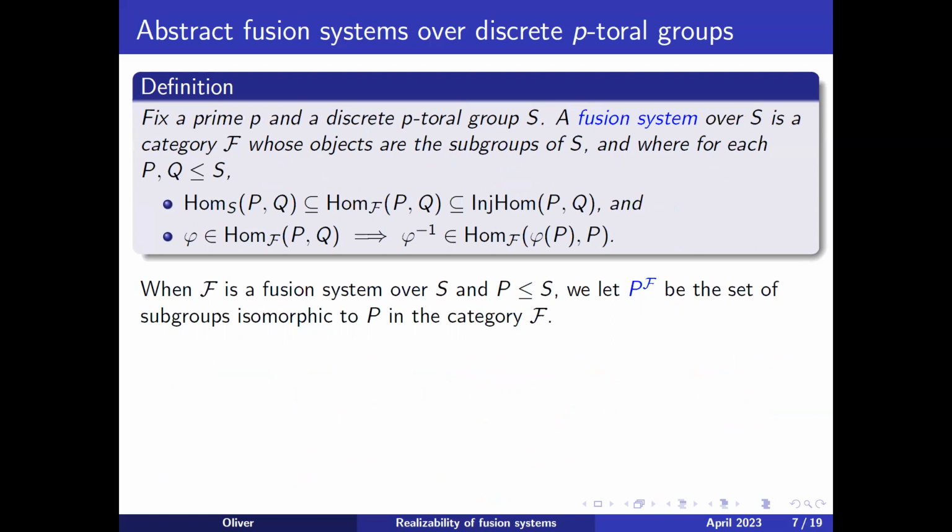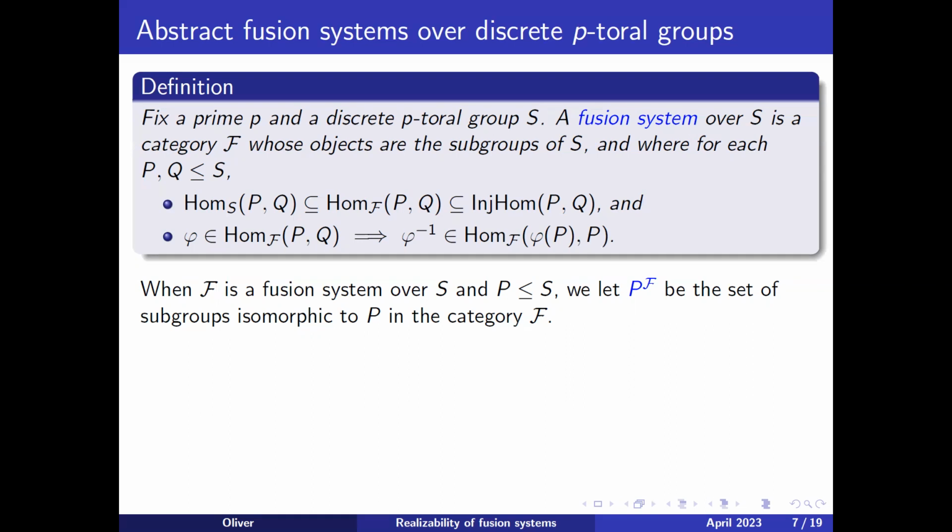Given a discrete p-toral group S, a fusion system over S is a category whose objects are all subgroups of S, and where, for each pair of subgroups, first of all, the morphisms in F from P to Q are all injective homomorphisms, and it includes all homomorphisms induced by conjugation in S.